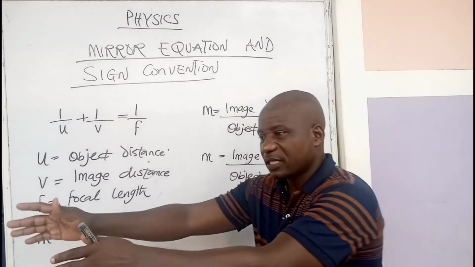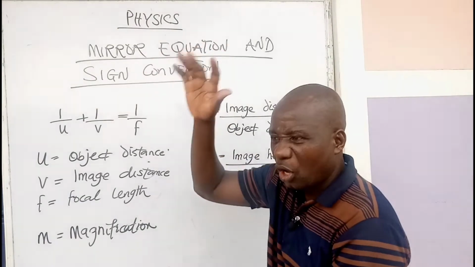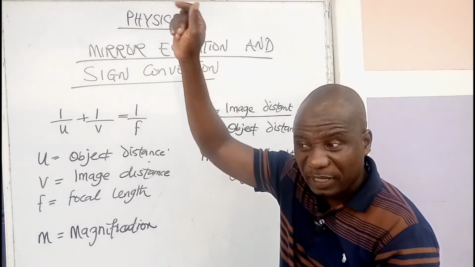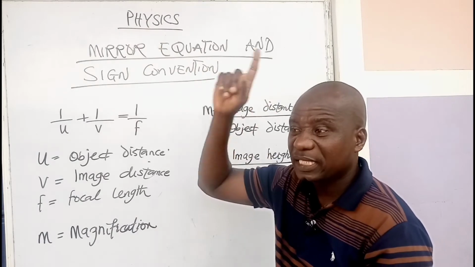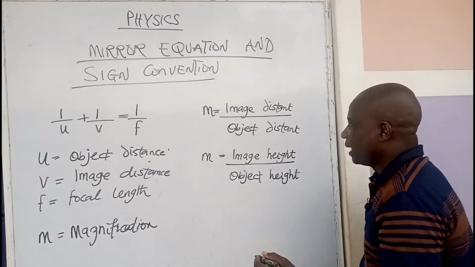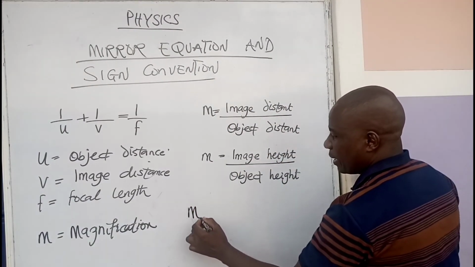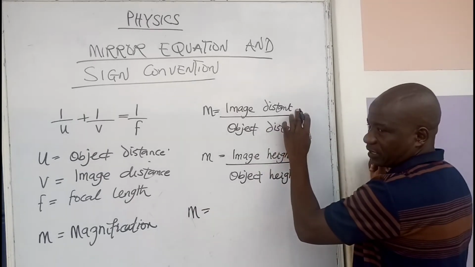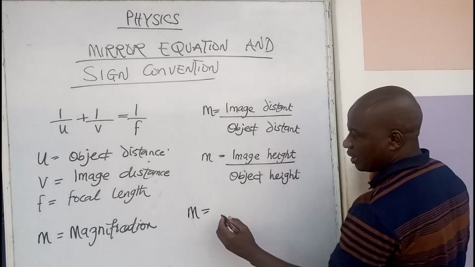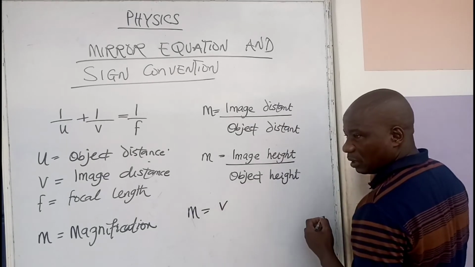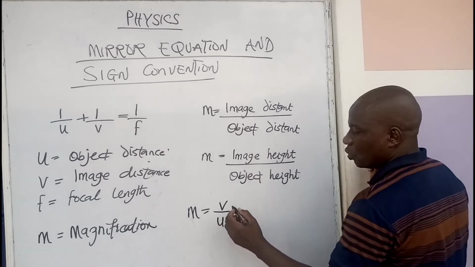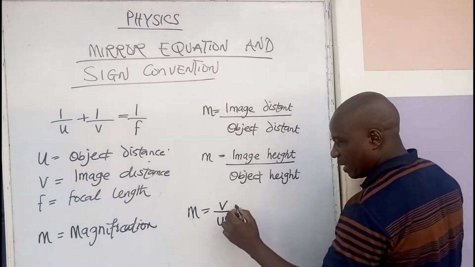Whether the distance or the height, always talk of image first. Do not make the mistake of putting object on top. So our m is also image distance, that is v, all over object distance, that is u.